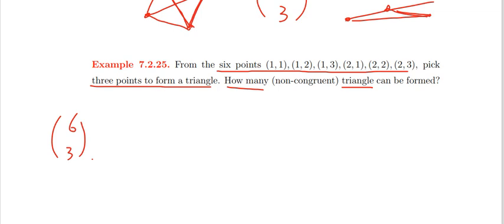So here we have this condition: non-congruent, not the same. If there are 2 triangles exactly the same, we cannot count them twice.